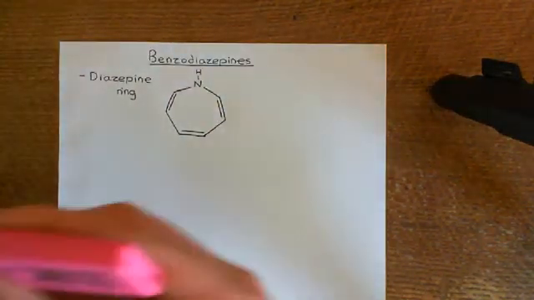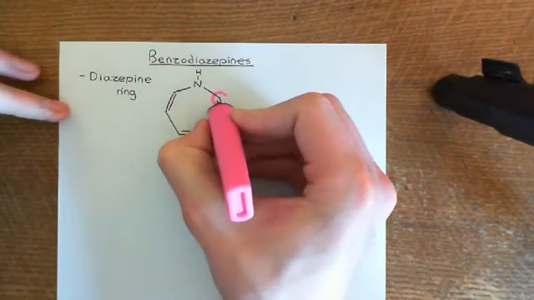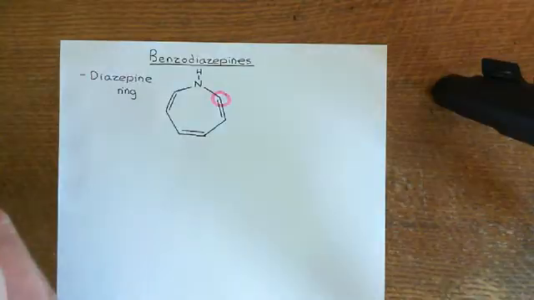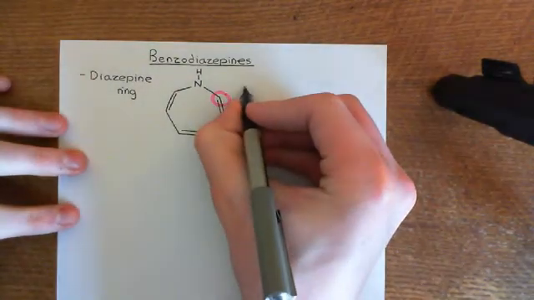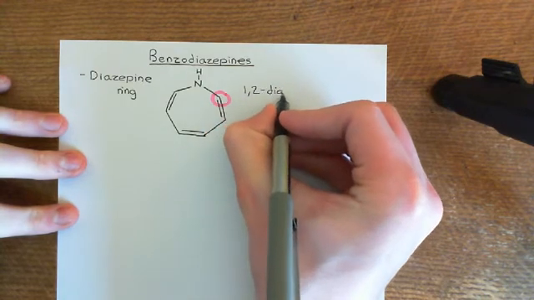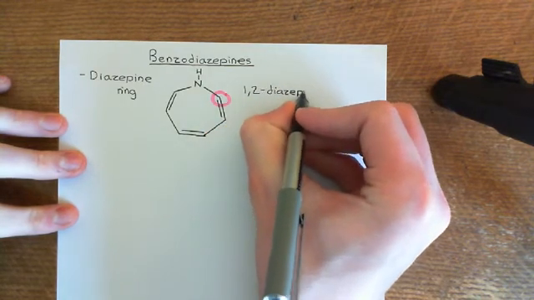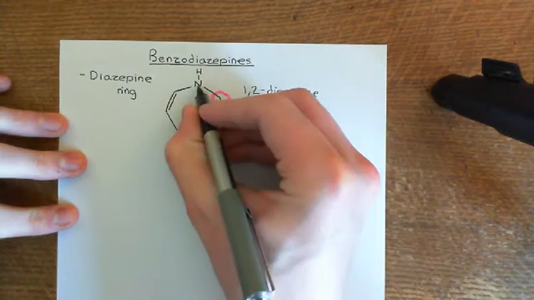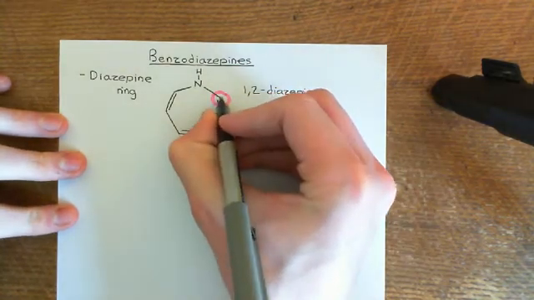If you choose to replace this carbon here with a nitrogen, the diazepine ring that you then get will be known as a 1,2 diazepine ring, because the 2 nitrogens are in position number 1, which is this one, and then position number 2.